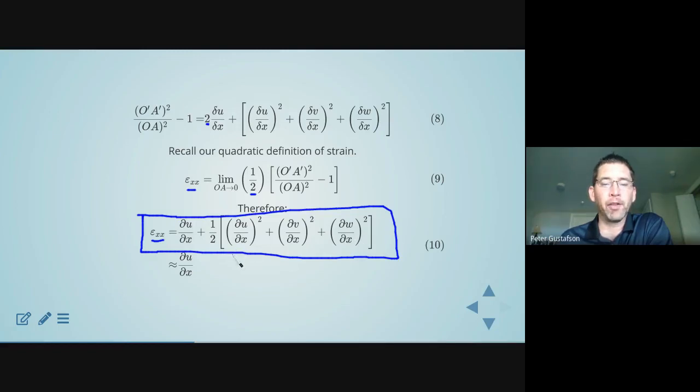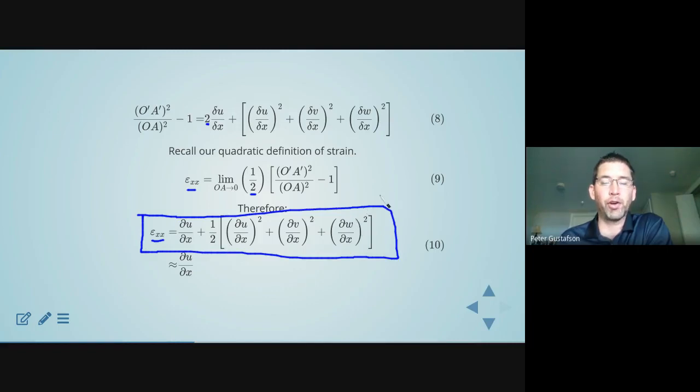Why? Because in the limit of small strains, small deformations, when u and v and w are very small, these terms du/dx, dv/dx, dw/dx become small, and small terms squared become even smaller, and then of course multiplied by 1/2. So these are higher order terms.